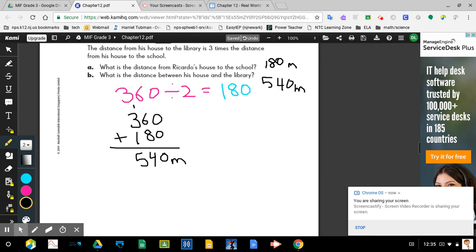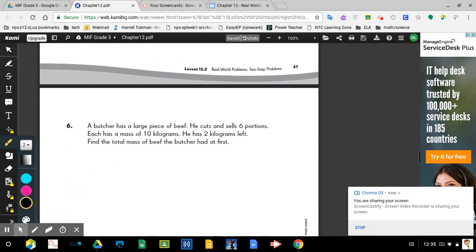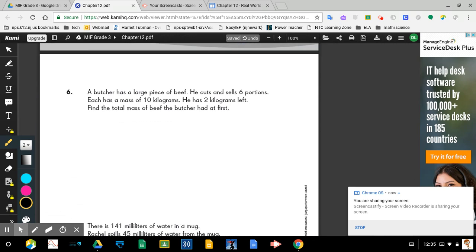Let's move on to number 6, page 48. A butcher has a large piece of beef. So here's his beef. Put a B for beef. He cuts and sells 6 portions. So I'm going to cut and sell 6 of these portions.